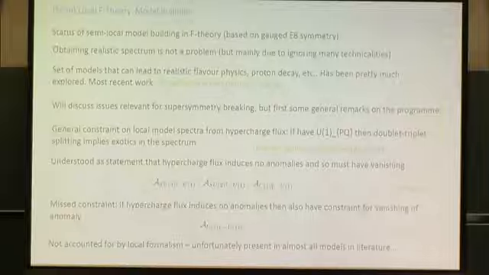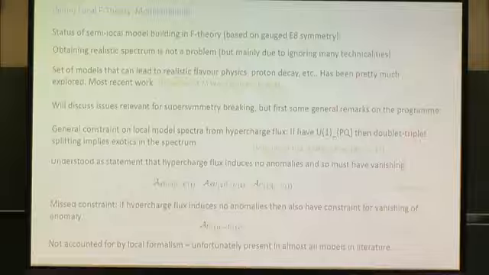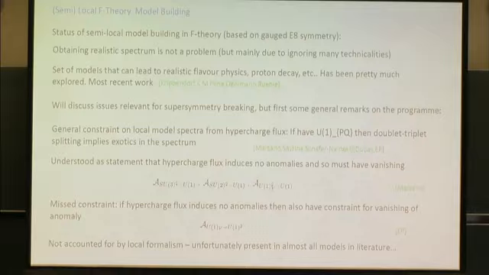And it turns out that because the hypercharge cannot induce, at least we thought probably it cannot induce anomalies in the spectrum because it's globally trivial, these anomalies must, well, not vanish, but they must satisfy certain properties. They must not change by the introduction of the hypercharge flux. And this turns out to imply this theorem.